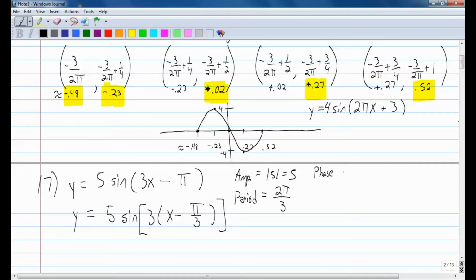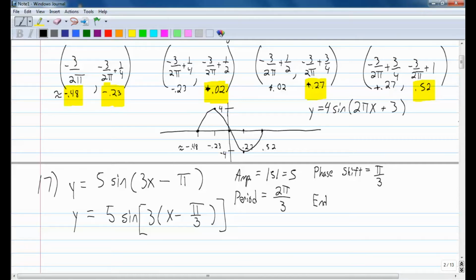The phase shift is going to be my new starting point. I have minus pi over 3, so a minus in front gives me a positive phase shift. So I'm going to start at positive pi over 3.